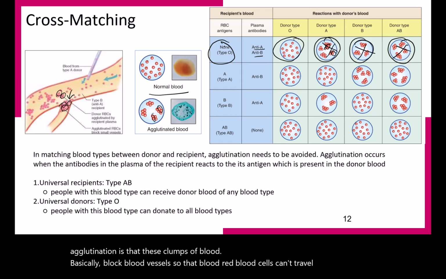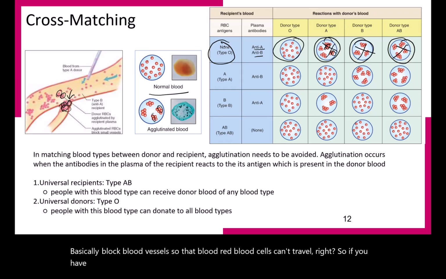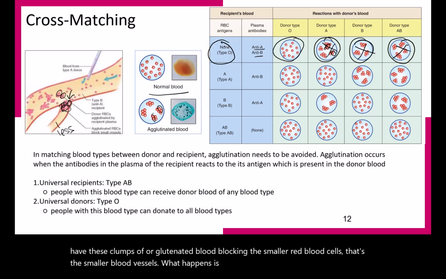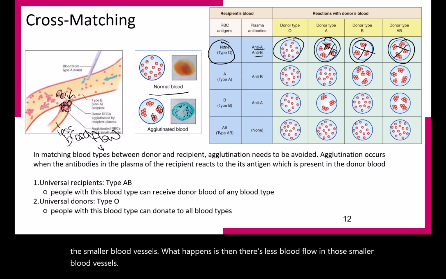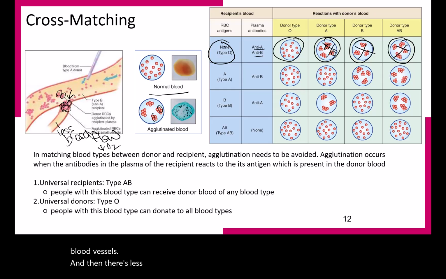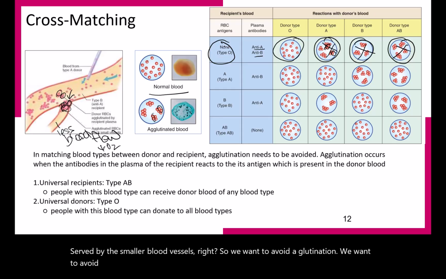If these agglutinated clumps block the smaller blood vessels, there's less blood flow in those vessels, and then less oxygen being transported to the cells and tissues served by them, right? So we want to avoid agglutination. We want to avoid clumping.